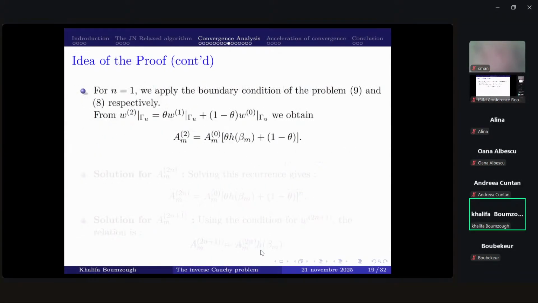For n equals 1, we apply the boundary conditions of problems 9 and 8 respectively, from W2 equal to theta W1 plus 1 minus theta W0. When we apply this, we obtain E0 dependent on A0.